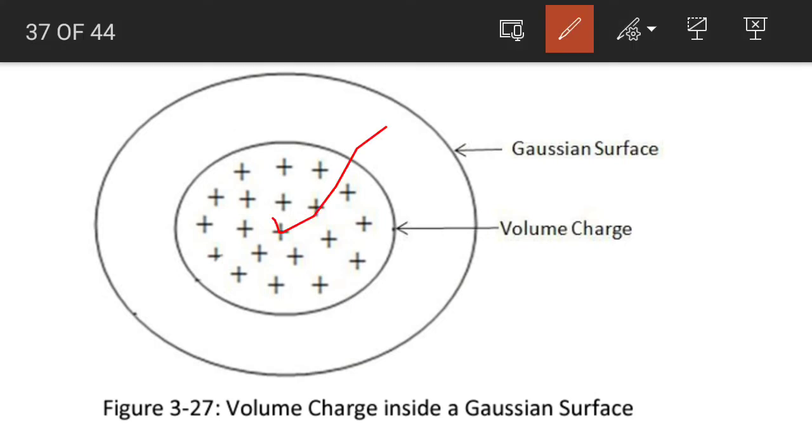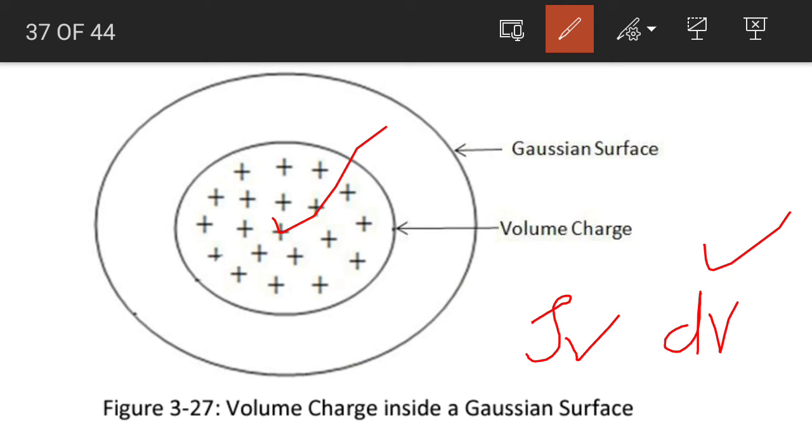We assume that the charge is uniformly distributed inside this volume, and the volume charge density of this particular source is known, which is rho v, and the volume of the small portion of the source is known, which is dV.